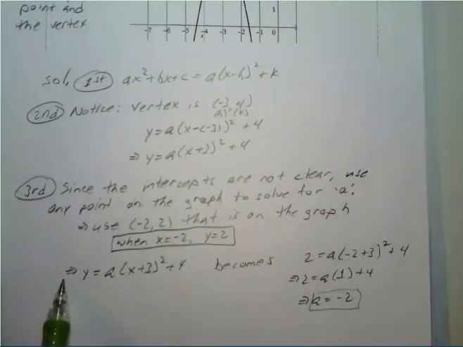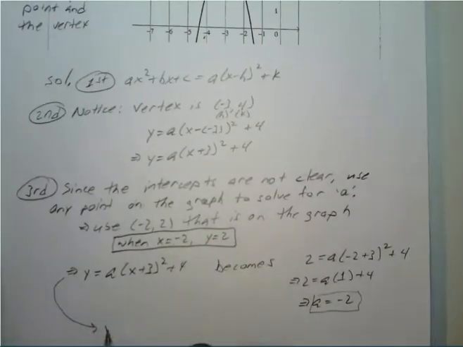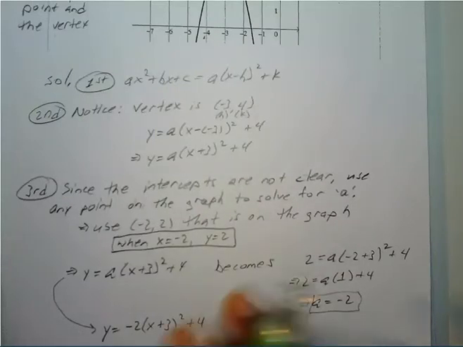So we go back and we plug this in. y equals -2 times x plus 3 squared plus 4. Now if we wanted to, we can leave it in this form.